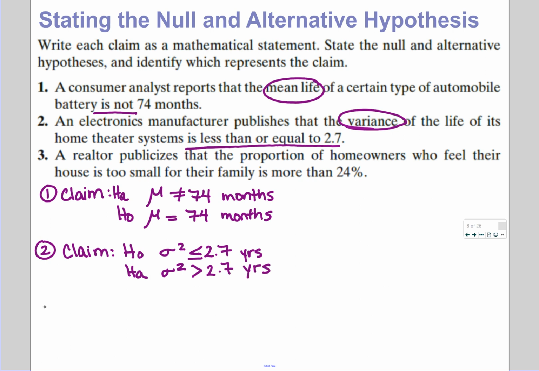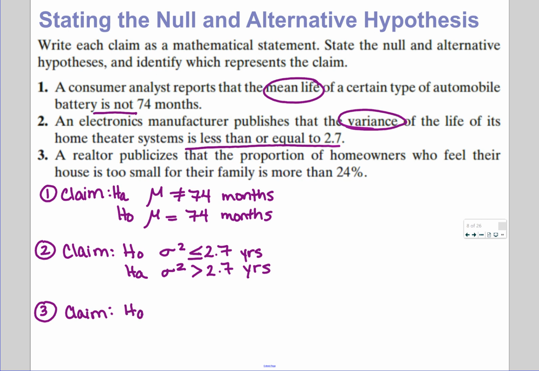All right, last one. A realtor publicizes that the proportion of homeowners who feel their house is too small for their family is more than 24%. Okay, so the claim, is it going to be the null or the alternative?